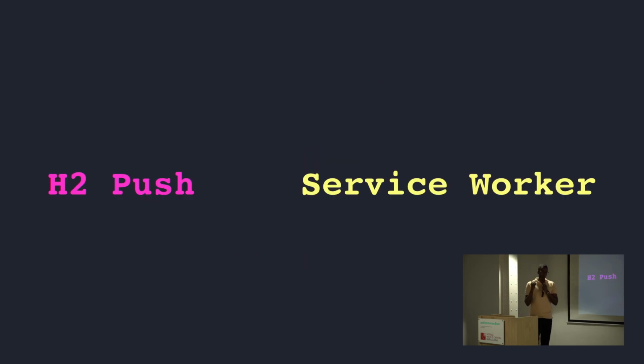So remember when we were talking about H2 push, I mentioned it's not cache aware. It doesn't know what the browser's cache actually holds. Service workers can be handy here, because let's revisit our original scenario. I'm on my mobile phone, or any device, and I open the browser and type something into the URL bar and press enter. If H2 push is enabled, the server can push some critical assets down.